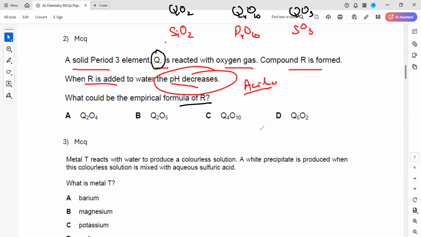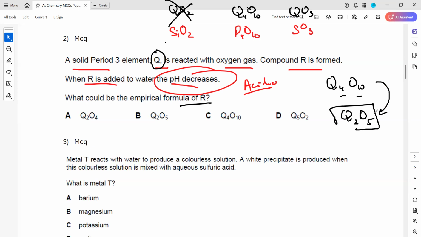Is there any option of QO2? There's no option, so it cannot be silicon. Then Q can be phosphorus. If Q was phosphorus, the formula of the phosphorus oxide is P4O10. So what is the simple empirical formula? The simplest ratio between 4 and 10 is 2 and 5. So the empirical formula could be Q2O5.